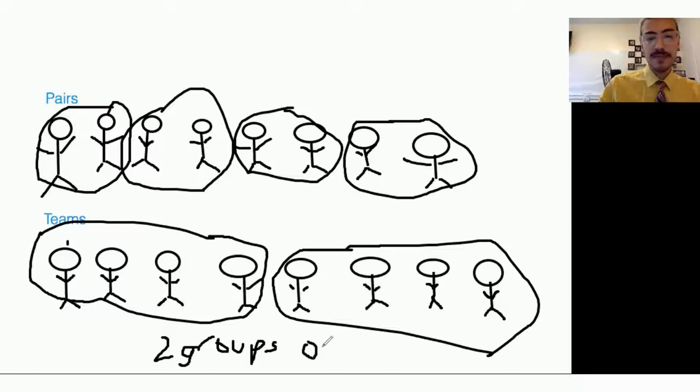And above here, I have 1, 2, 3, 4 groups of 2.